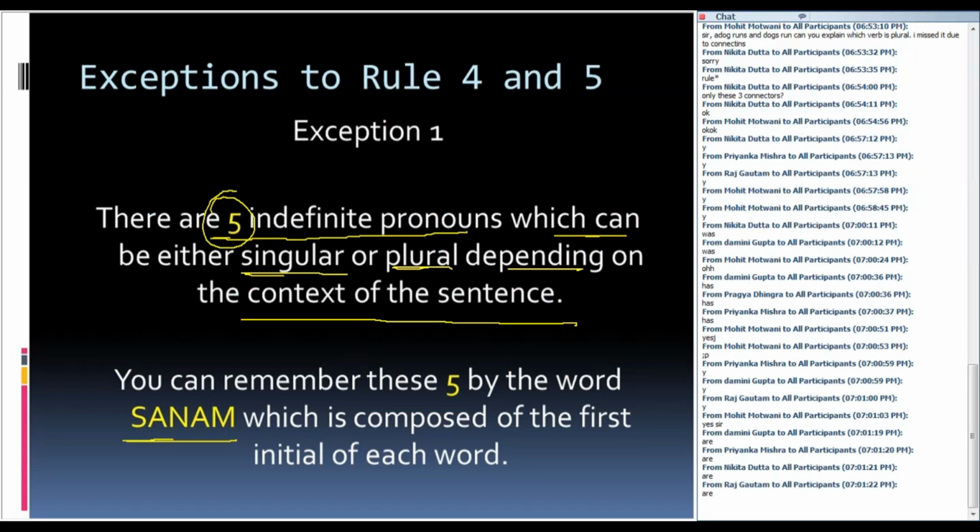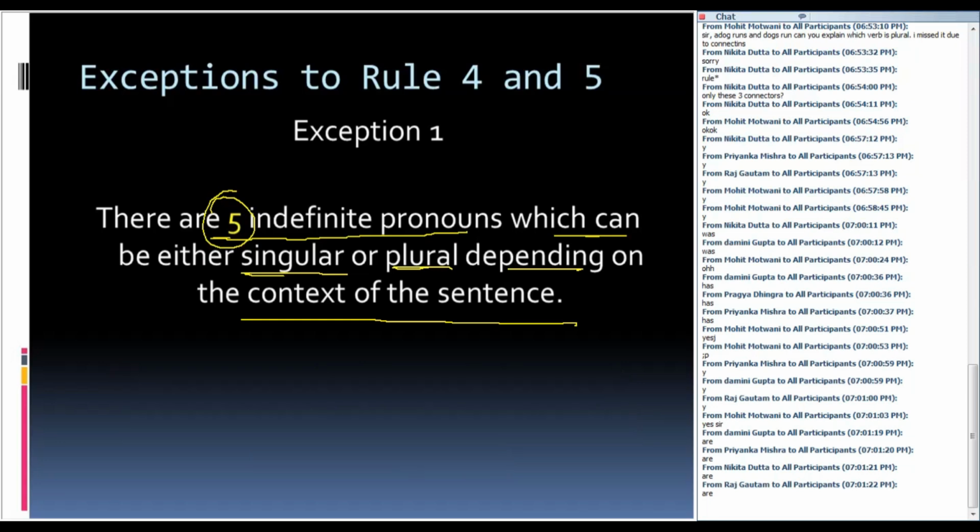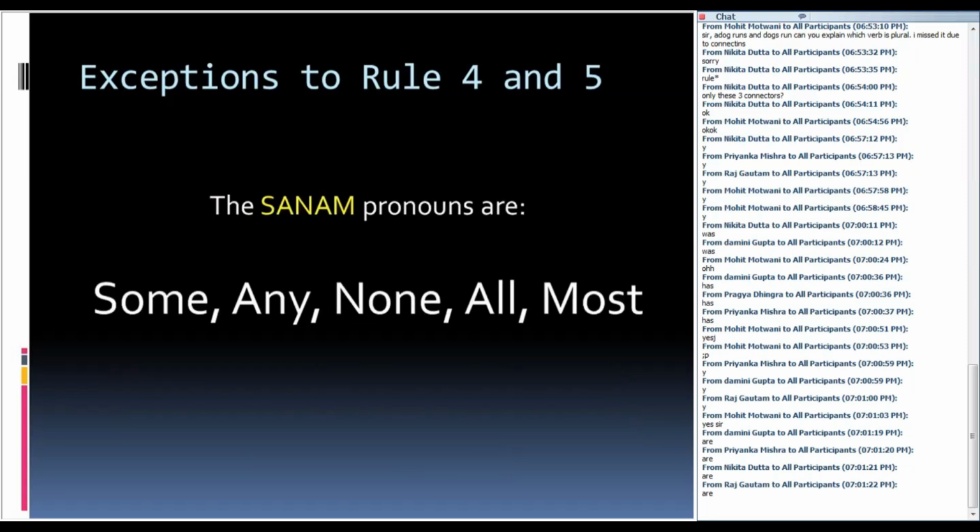These 5 SANAM pronouns are some, any, none, all, and most. So even though they are indefinite pronouns, they can be both singular or plural.